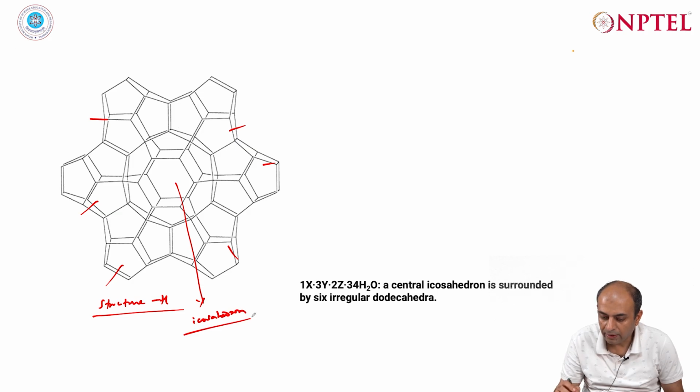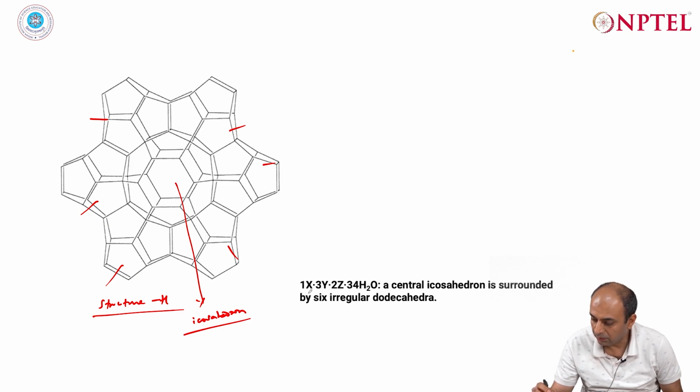So this icosahedron is formed by the fusion of these irregular dodecahedra, and the composition of this particular structure type depends upon the presence of different guests, which are represented as 1x, 3y and 2z, along with 34 molecules of water.